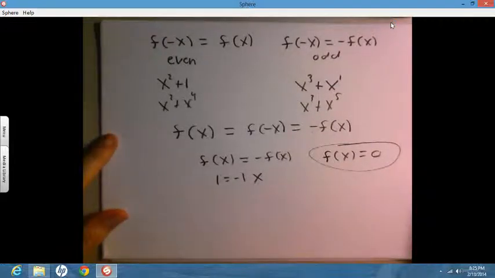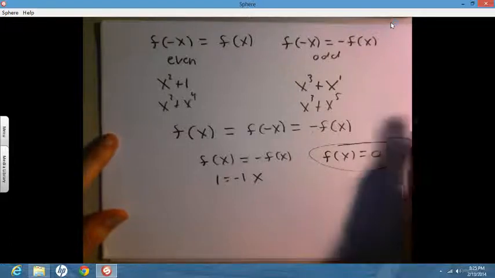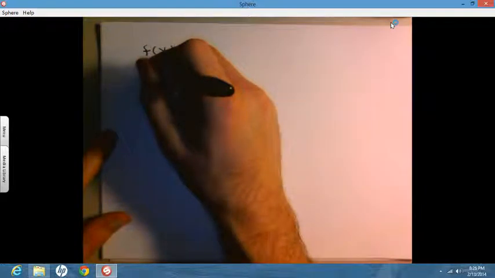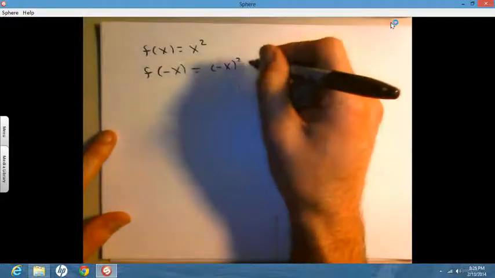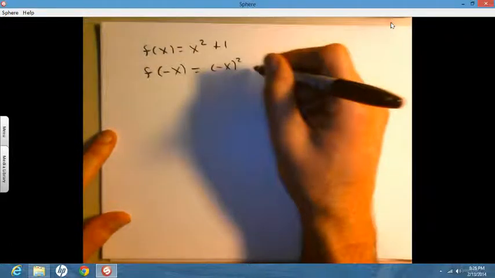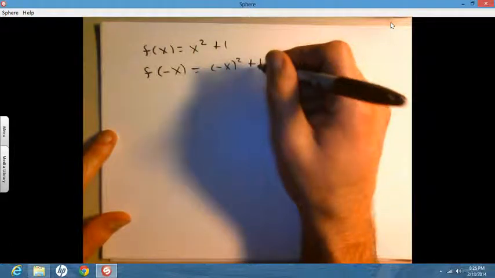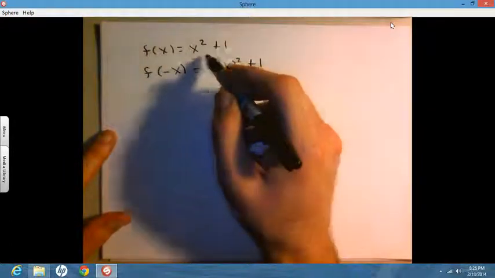Alright, so now let's see how we can tell if something's odd or even. Let's look at the function f of x equals x squared plus 1. Well, f of negative x would be equal to negative x squared plus 1, right, because this is x squared plus 1, so for f of negative x, I replace the x by negative x.